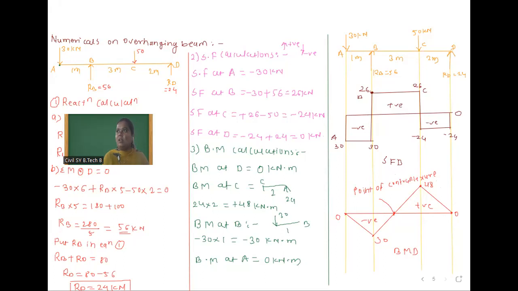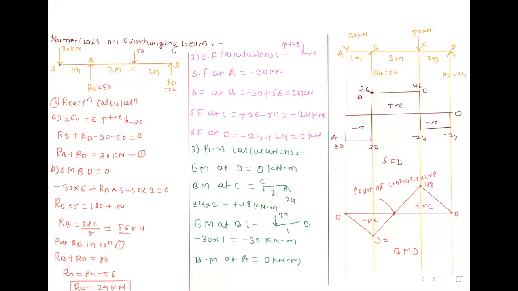Okay. So I request all of you, please take screenshots fast, because I have to give one example for homework. Instead of this left side overhanging, only overhanging to right side. Okay, so I will give one homework. Please take screenshot for this fast. Those students attending offline can also take screenshots. I'm allowing 2 minutes.